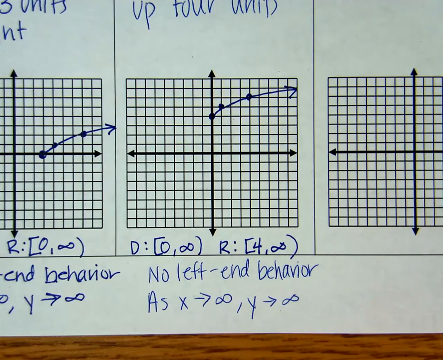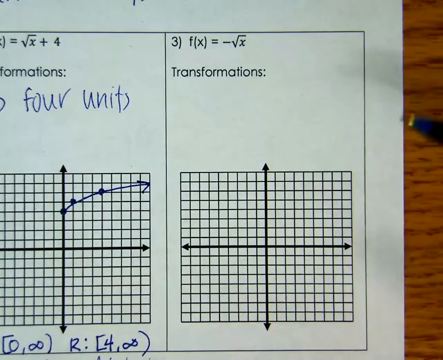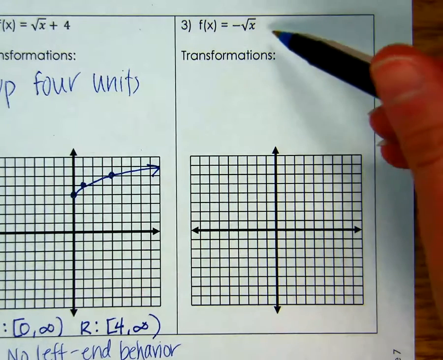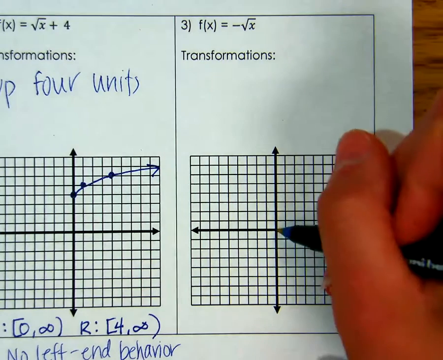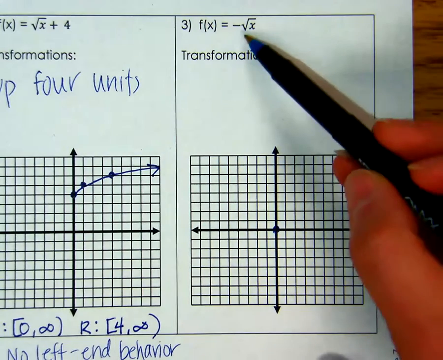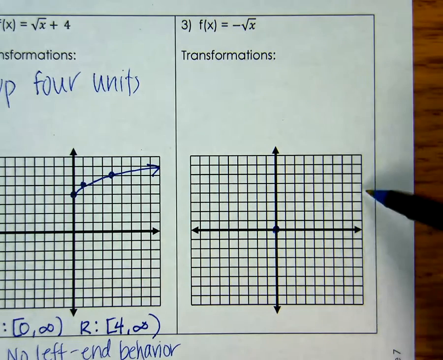Over here, I have, in number 3, the opposite of the square root of x. So thinking about where that might be, I don't have any vertical or horizontal shifts. So my vertex is going to stay exactly where it is. But now, because I'm reflecting in the x-axis, so typically my function's up here, now it's going to be down here.